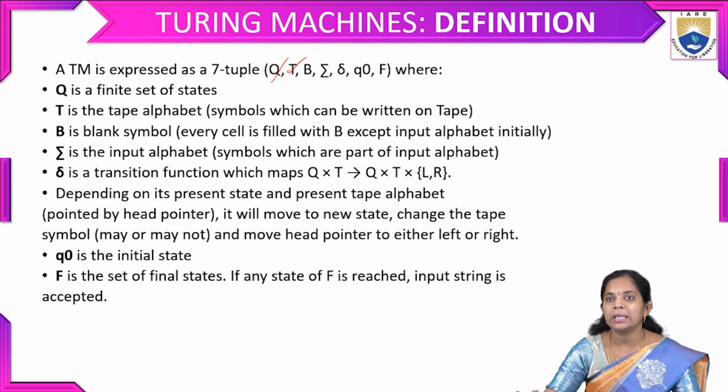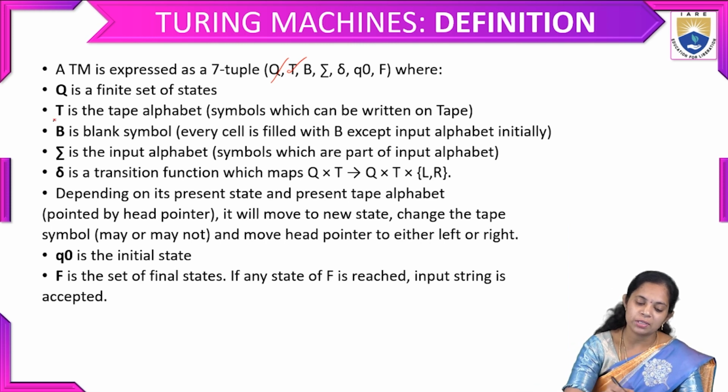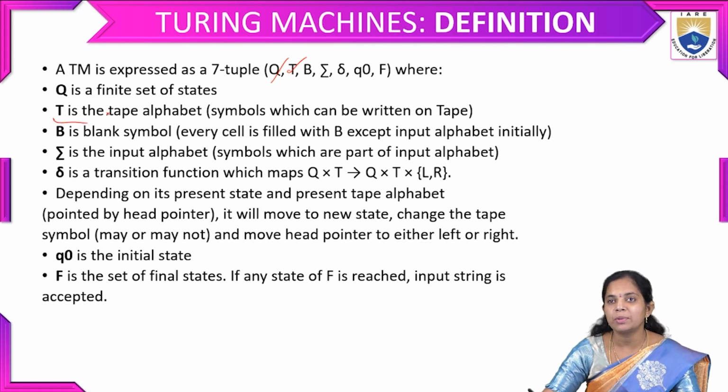The tapes are used for storing elements or alphabets, and the elements stored in the tapes are called tape alphabets. Those are represented with T. T represents the tape alphabets, the symbols placed on the tape.